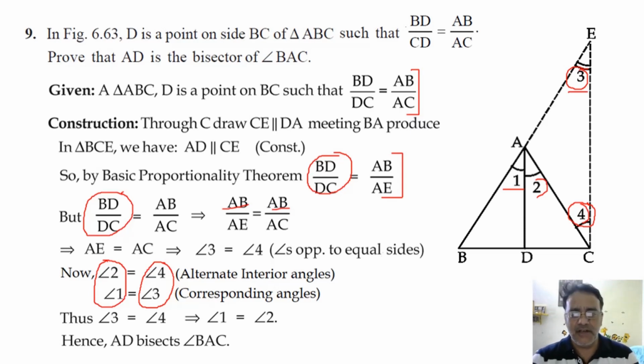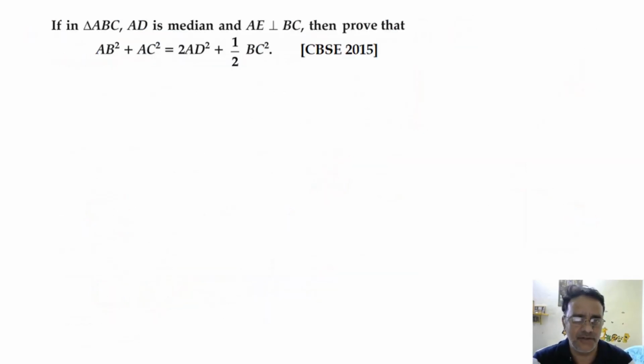So, now after this question, I would like to take up some board questions, okay, which is not in our book, not from your NCERT exercise, maybe some example also. So I will start with this question. This is CBSE 2015 question.